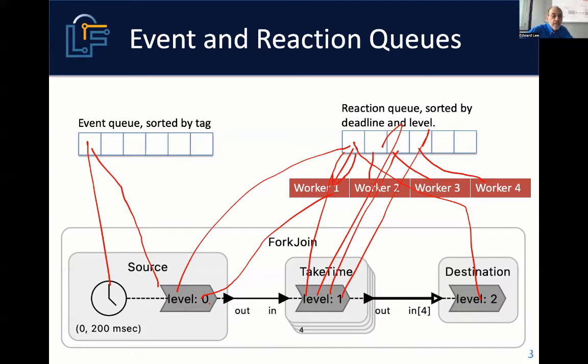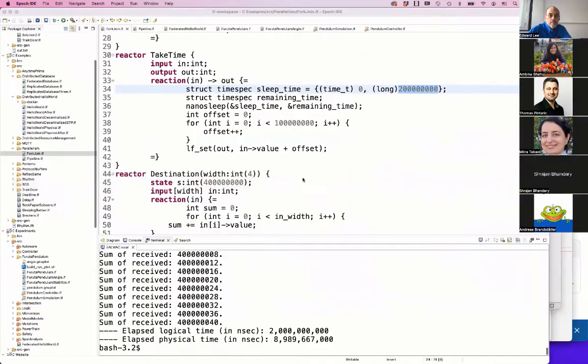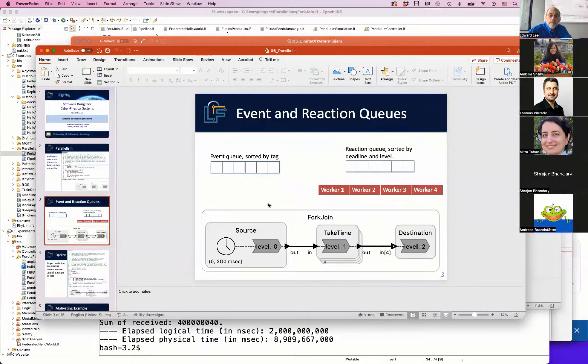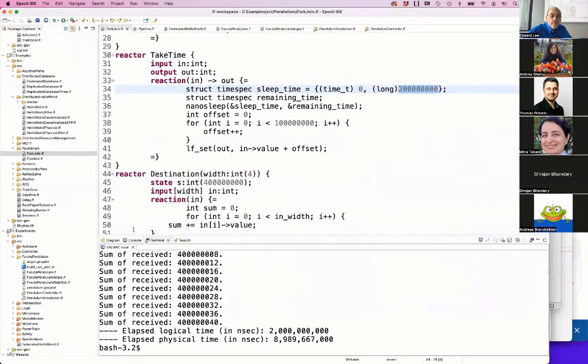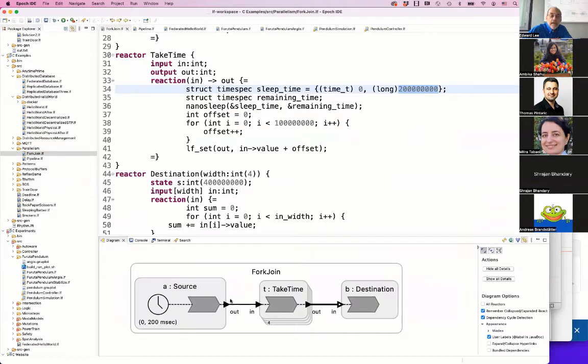So for example, if I had some other pair of reactions that were triggered by this same output, and maybe a chain of them, only one of those would be able to execute in parallel with these guys, because only one of those would have the same level.